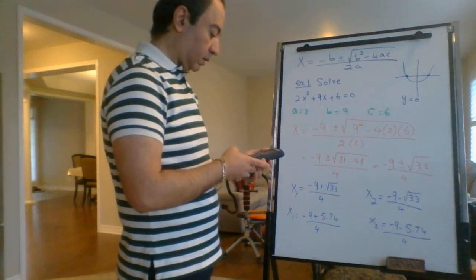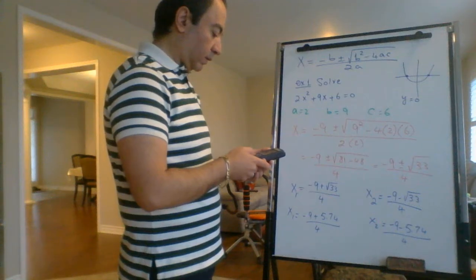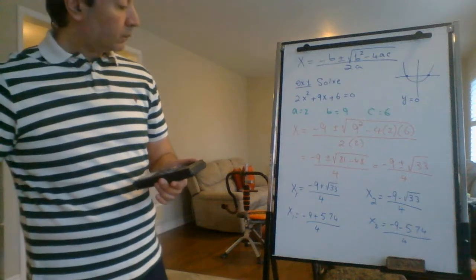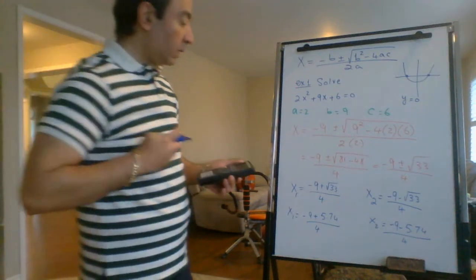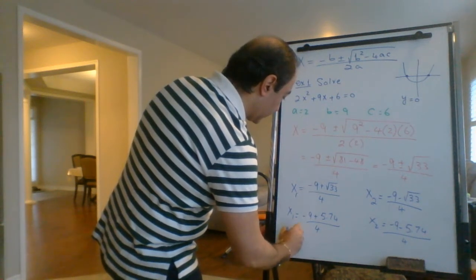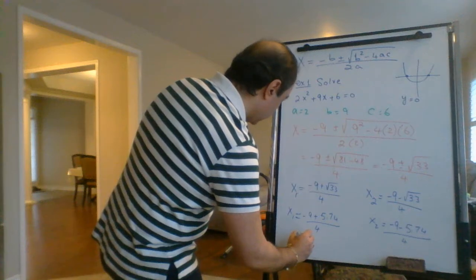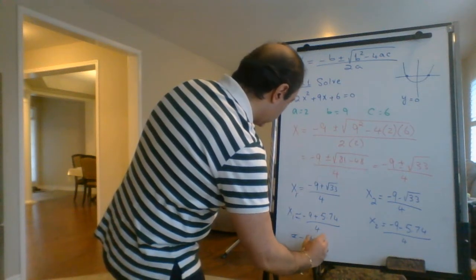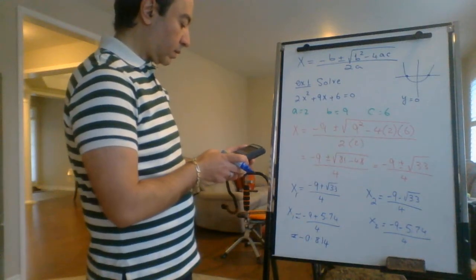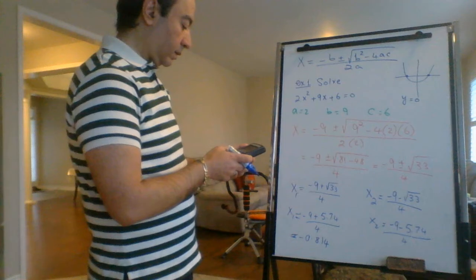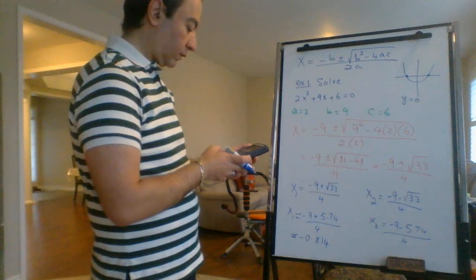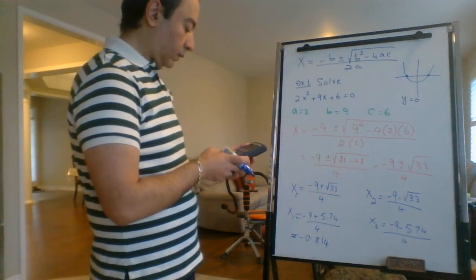Okay, if we need more calculation, we check 9, enter, then divide by 4, and the result will be, it is not exact, approximately negative 0.814. And on the other side, we are going to have negative 9 minus 5.74 divided by 4.